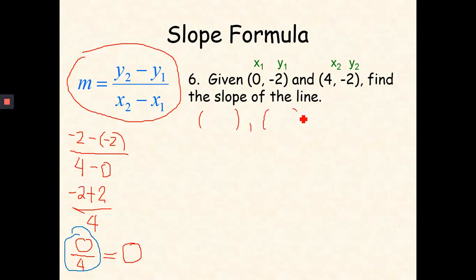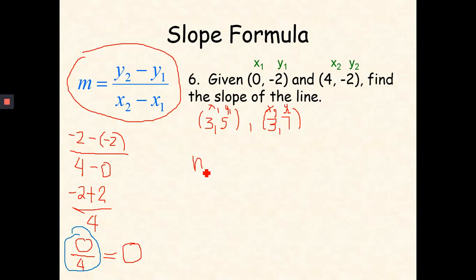So we have, this will be 3, and this will be 3. Then this is 5, and this is 7. Okay, let us try. So this will be named as x sub 1. This will be y sub 1. This will be x sub 2. And this will be y sub 2. Okay?